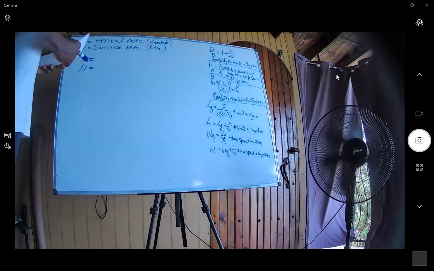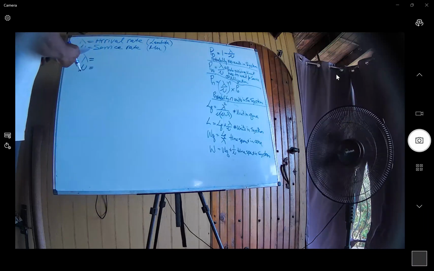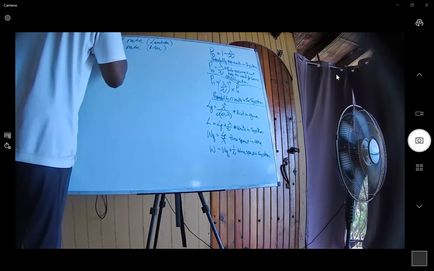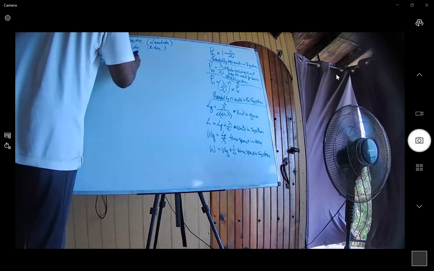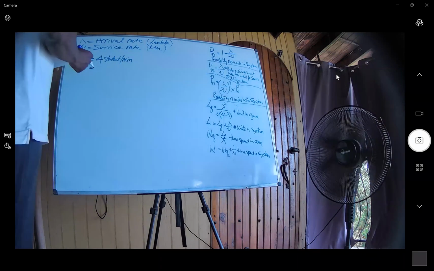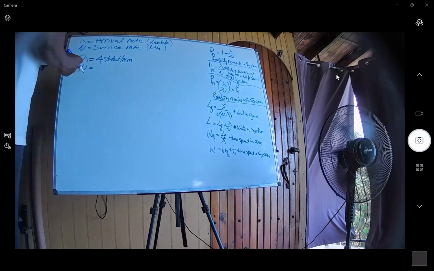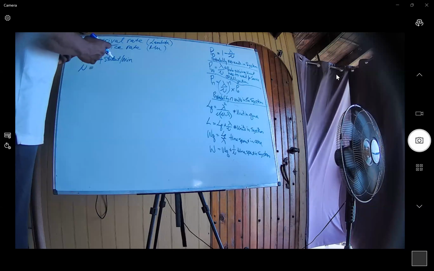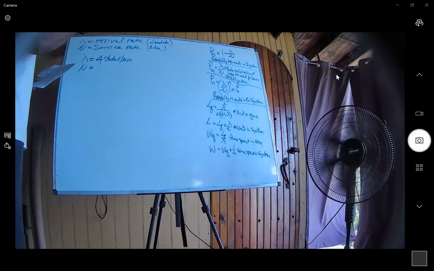First things first, what's our lambda? What's our mu? Our lambda is 4 students per minute. Our mu we need to convert, because the cashiering takes about 12 seconds per customer. Customer or student doesn't matter, the students are the customers.